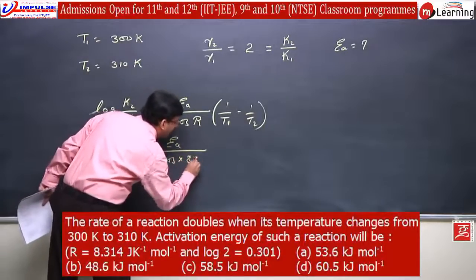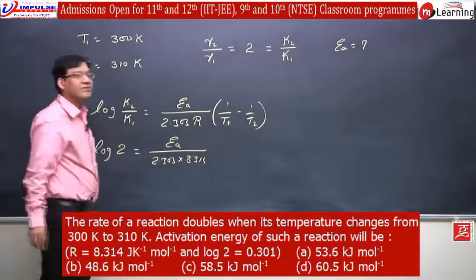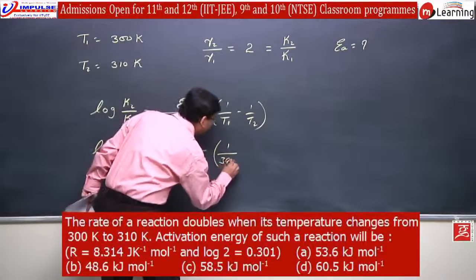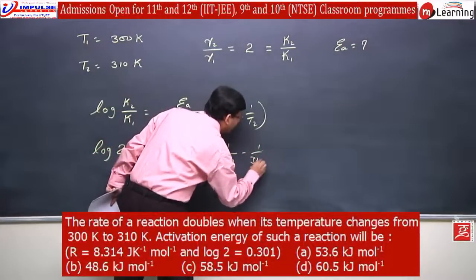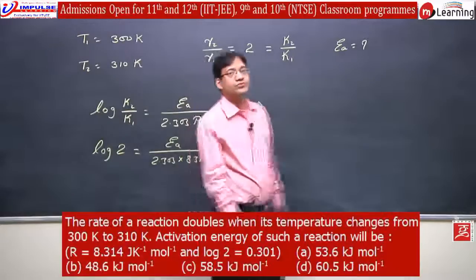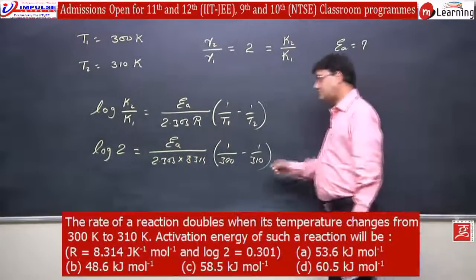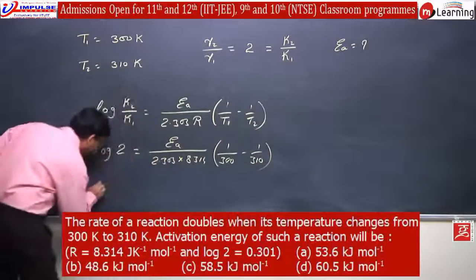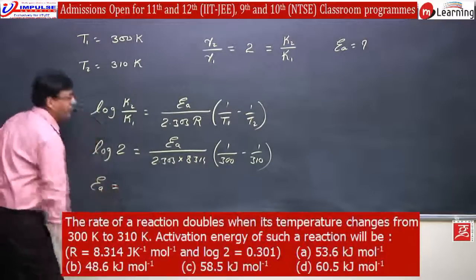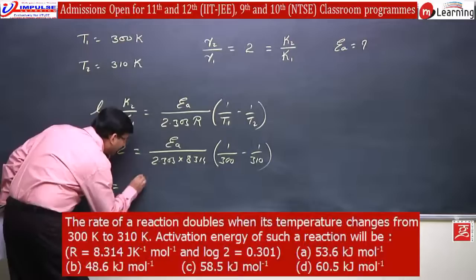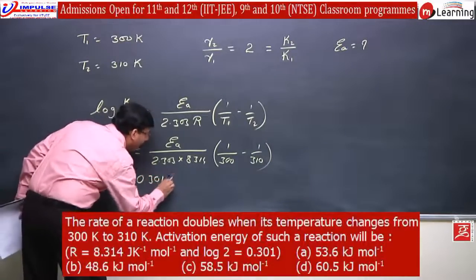For R, we will substitute the value of the universal gas constant which is provided to us. For T1, it's 1 by 300 minus 1 by T2, 310. We'll substitute the values. Now, in order to solve for activation energy, the value of log 2 is provided to us, 0.301.